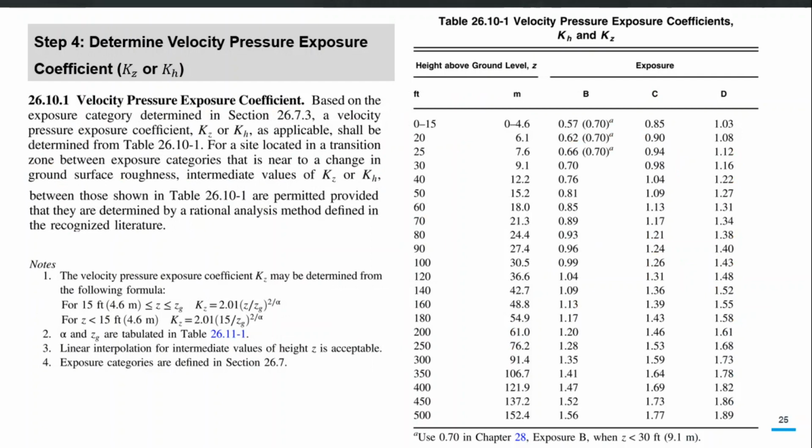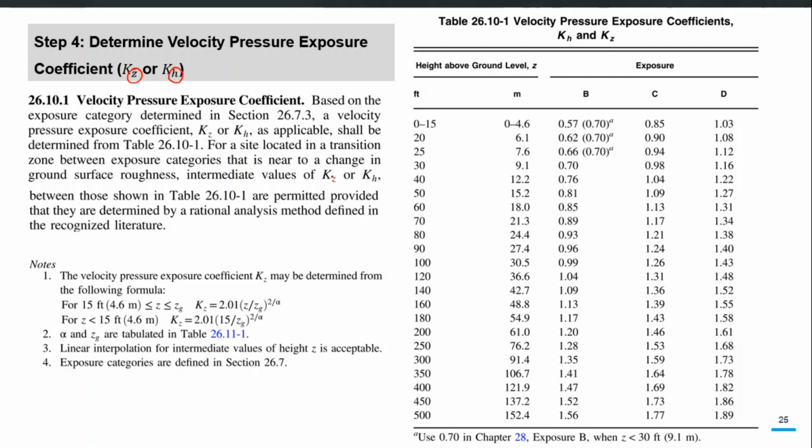Then we will go to step 4, which is the determination of the velocity pressure exposure coefficient Kz or Kh, depending upon what height it is calculated. So again I repeat that z denotes any height level, and h denotes the height which is the roof level of your building.